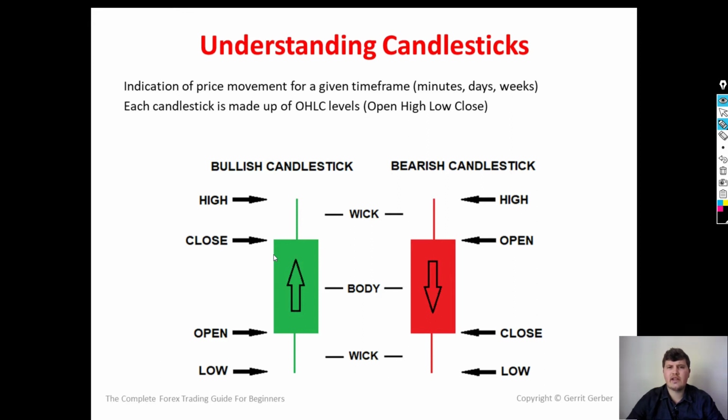Now, you will see when you open your forex charts that the forex charts usually contain green and red candlesticks. Now, the green candlesticks, or the bullish candlesticks, mean that price has increased. So let's say, for example, this candlestick opened at 1.0500.